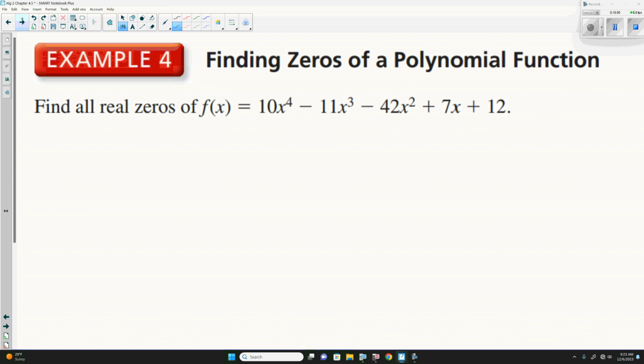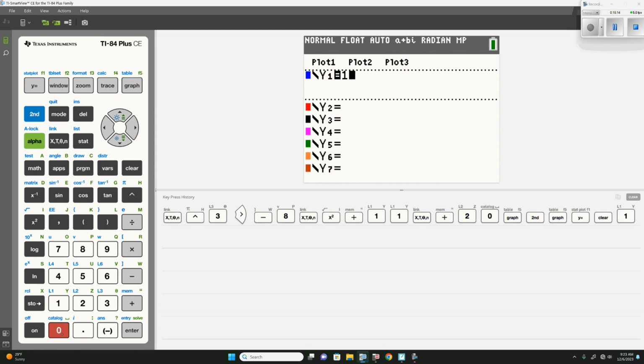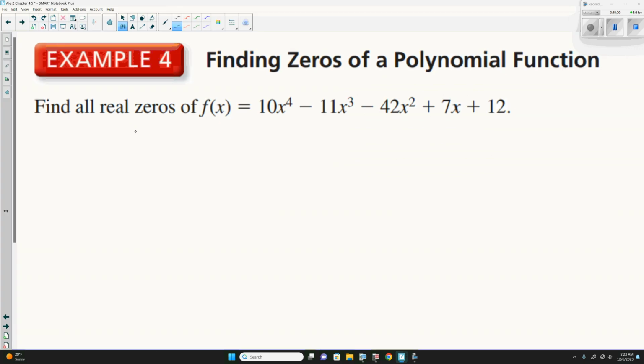So it's the first one that says example 4, 10x to the 4th. Go on and type this into the calculator. 10x to the 4th, 11x cubed minus 42x squared.